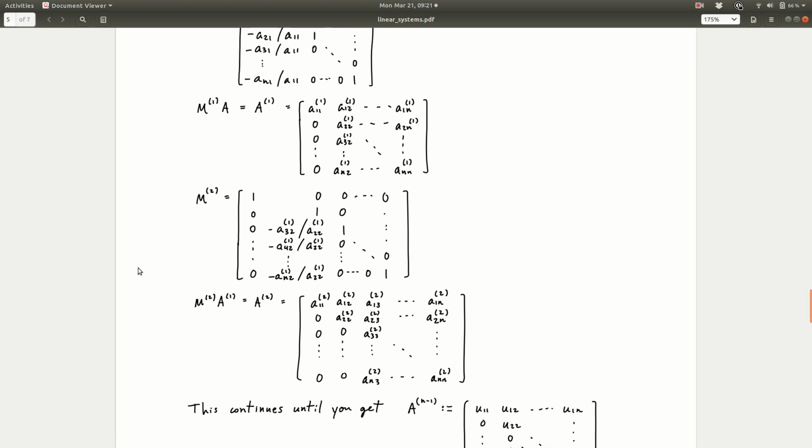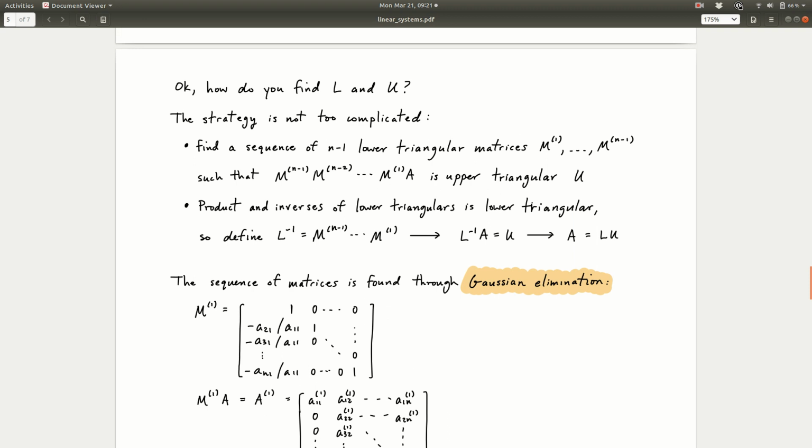So what have we done so far? We have established the first part. We found a sequence of n-1 lower triangular matrices such that if you multiply them together and then by A, you get an upper triangular matrix.